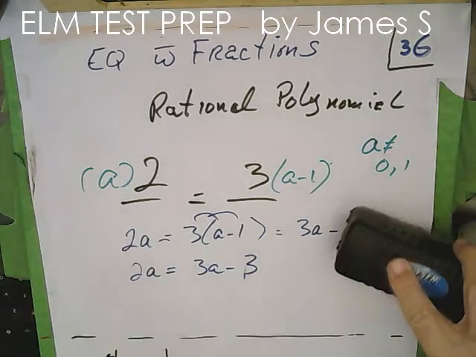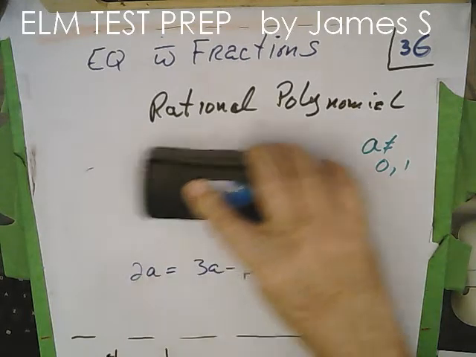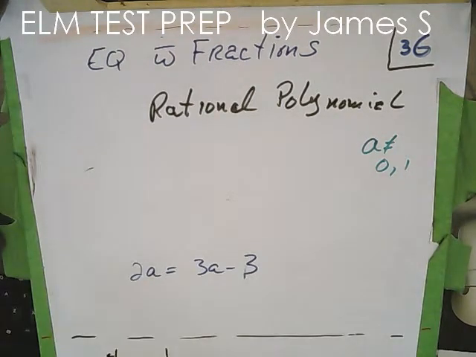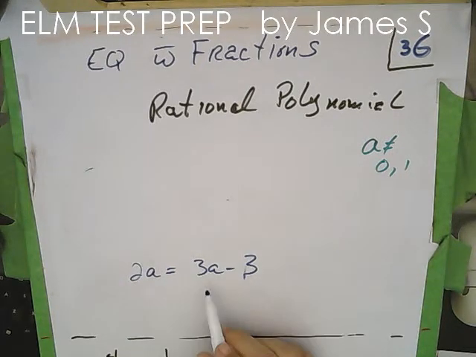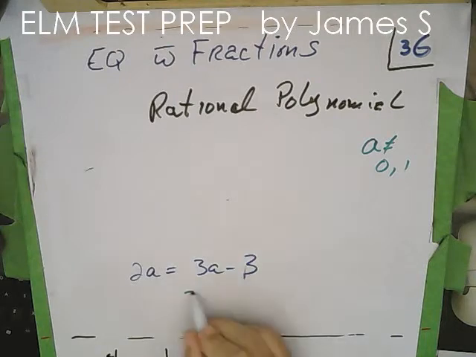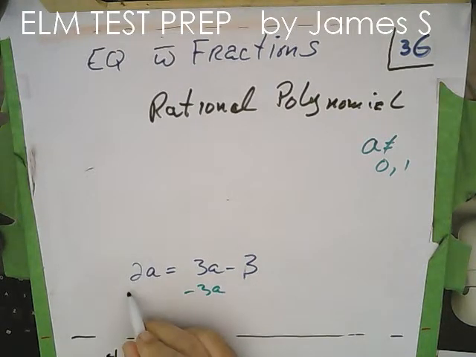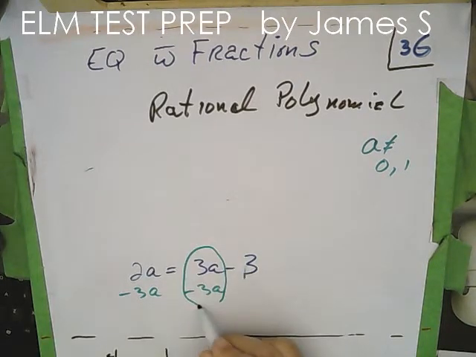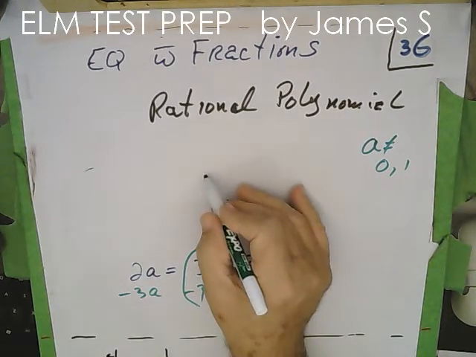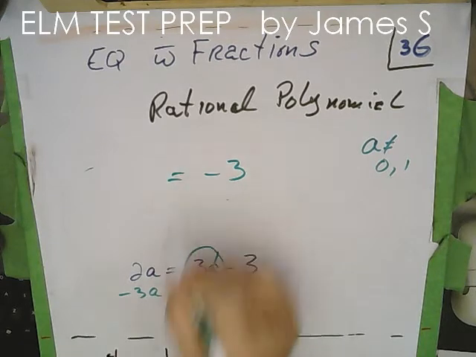I need to get all my a's on one side and all my numbers on the other, because I'm looking for the value of a. So I'm going to subtract 3a from both sides. Minus 3a and minus 3a. I did the same to both sides. 3a take away 3a is 0, so I'm left with minus 3 on the right side.